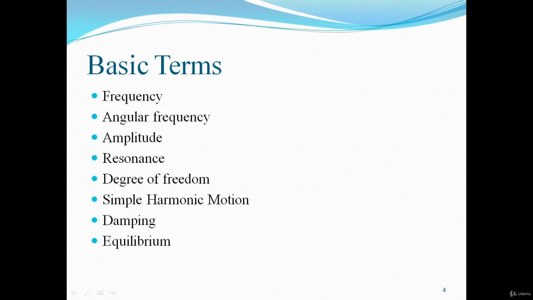Now the next term is damping. Damping, in literal meaning, we will discuss in later lectures in more detail. Damping is resistance to the motion of a vibrating body. That means with the help of damping, we can damp out those vibrations which occur in the system and are undesirable, right?